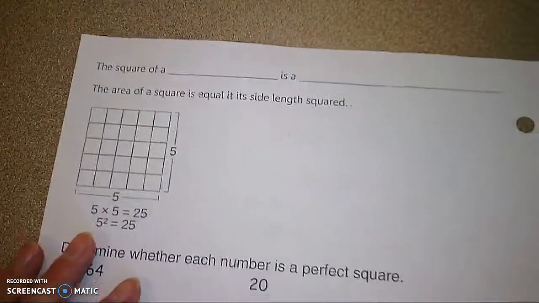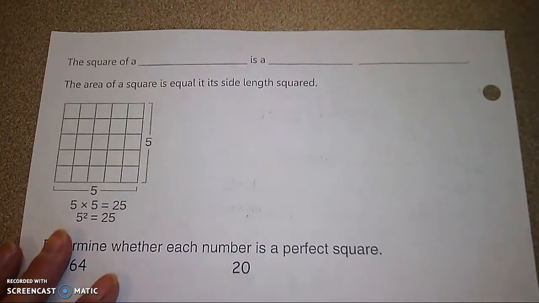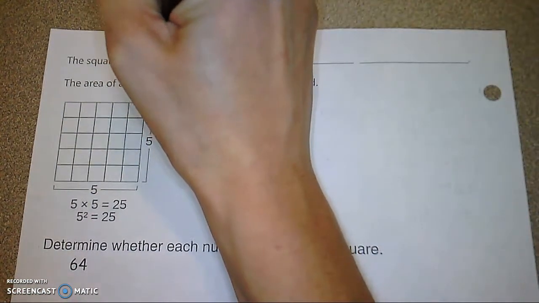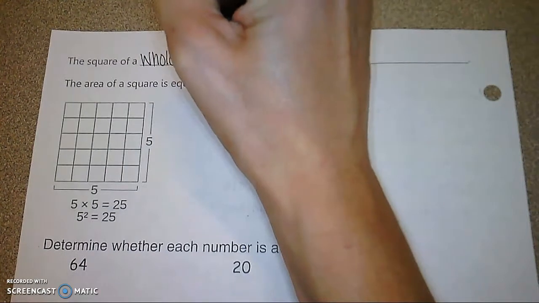Okay, flip it over to the back side. Now we're going to talk about something called a perfect square. The perfect square is just the square of a whole number.